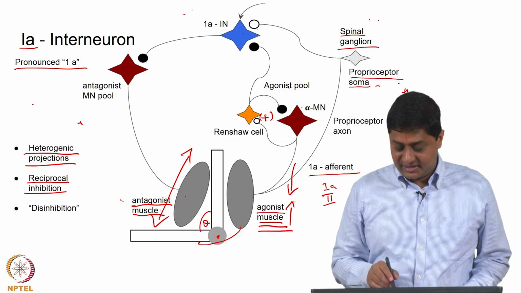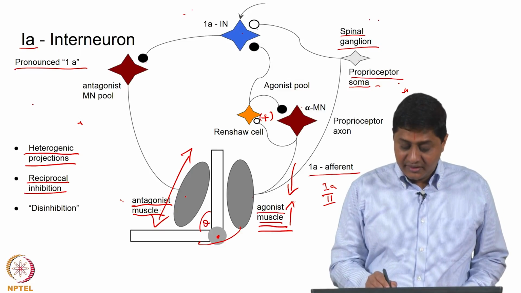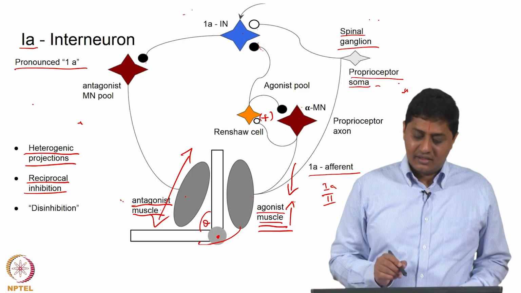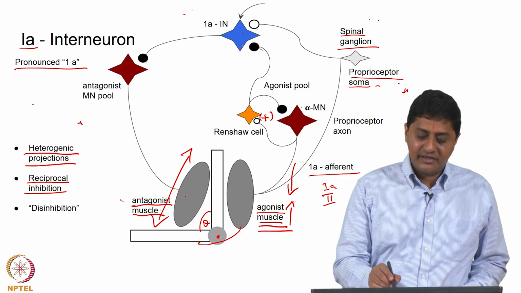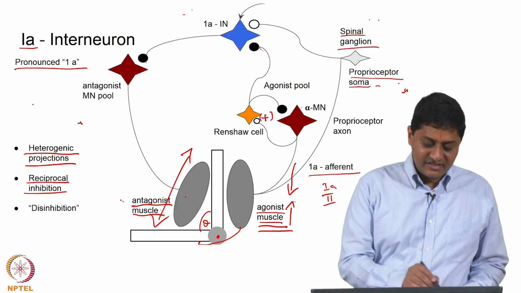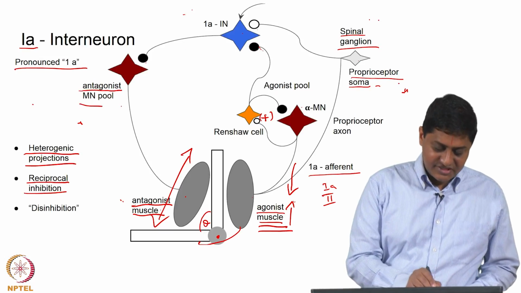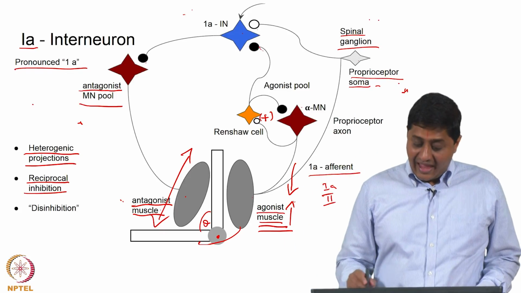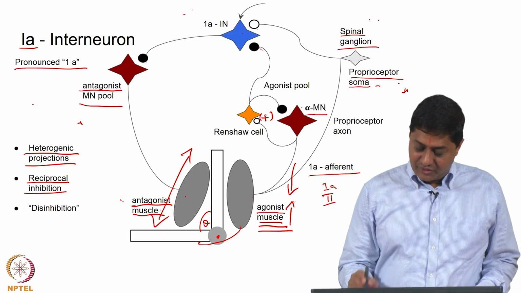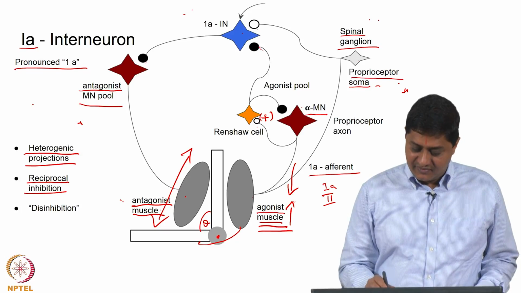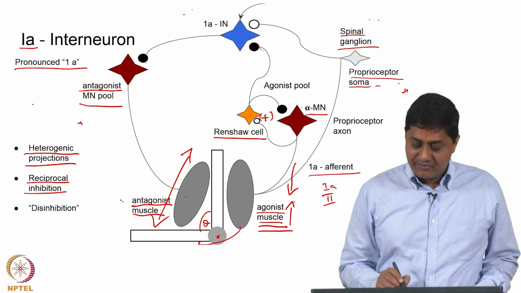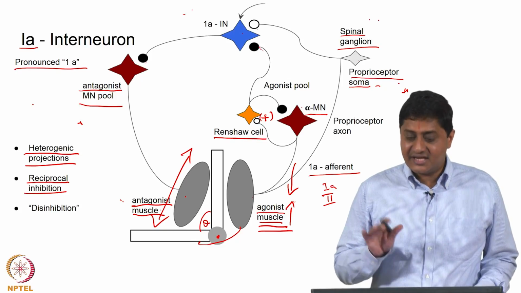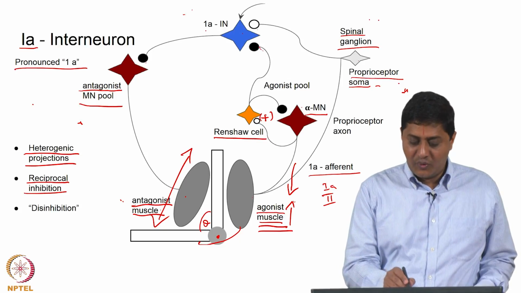One other function that it does is it also sends an inhibitory connection to the 1A interneuron that innervates the antagonist. Let us try to analyze this situation. As soon as this alpha motor neuron sends a command, the Renshaw cell becomes activated and sends an inhibitory command to the 1A interneuron.